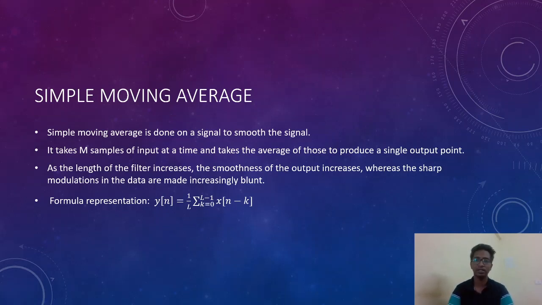As I explained, if we take more samples at a time, it might blunt out the sharp edges which a signal might have. Due to that we might lose the information of the signal. So we have to choose the L value carefully, that means the number of samples, so that we don't lose the signal information.